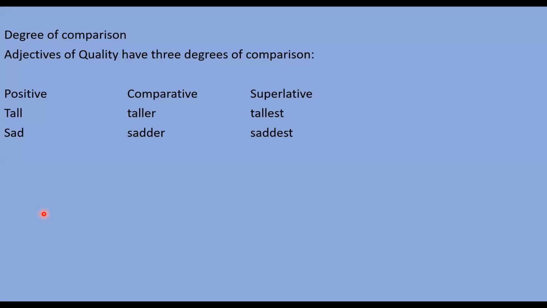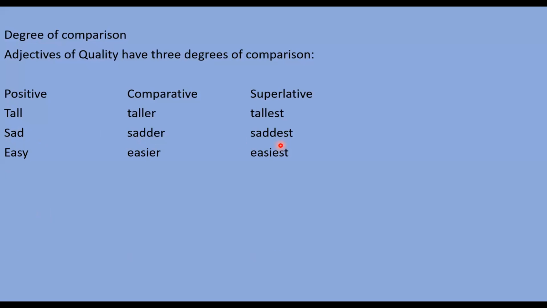Like sad, sadder, saddest. You can see the last letter is D, that is a consonant, and before the D, the letter A is there. A is a vowel. So that's why while making comparative and superlative degrees, we need to double the last letter. Means sadder, double D, saddest, right?